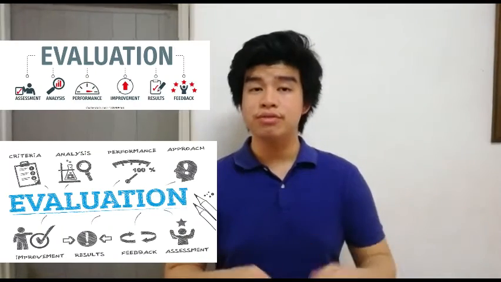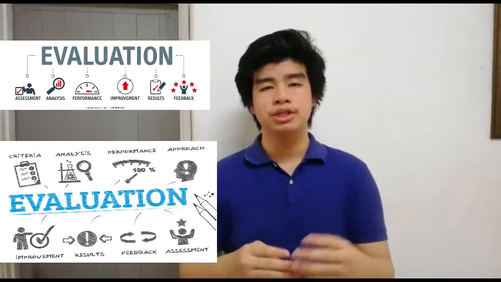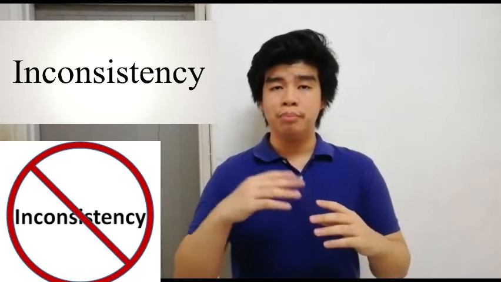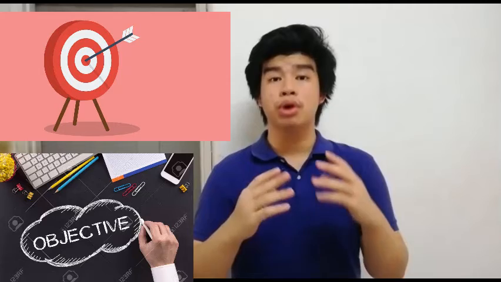Next, let us look at the evaluation strategy of Aragon College, by which they can use the strategy of consistency and feasibility. So, what is the consistency strategy? It is all about being consistent in the organization itself, where Aragon College always has to avoid being inconsistent in implementing the strategies, as they want to reach their targeted goals and objectives.